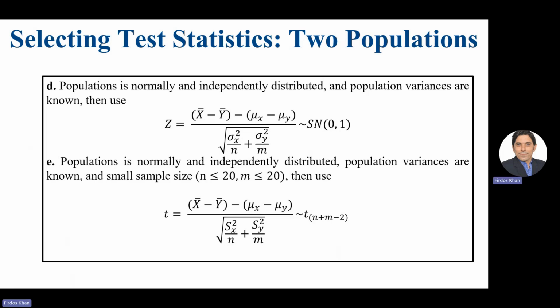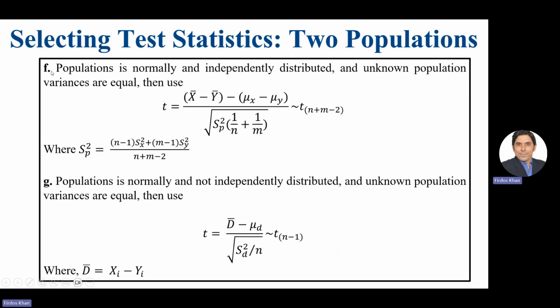So that means you can use the z distribution or t distribution, because with increasing sample size the t distribution approaches the normal distribution, so it makes no significant difference. You can get approximate normality. So in that case, when n is greater than or equal to 30 and m is greater than or equal to 30, you can use the z distribution or t distribution.